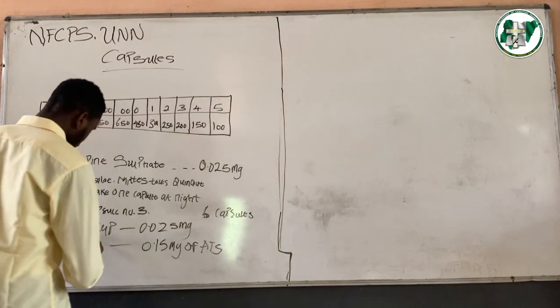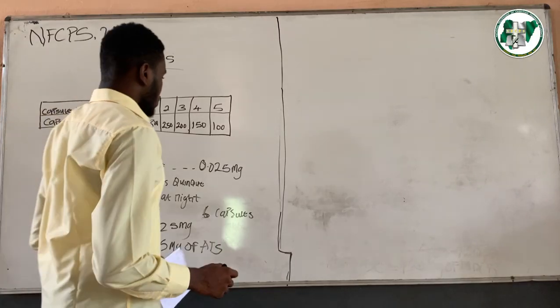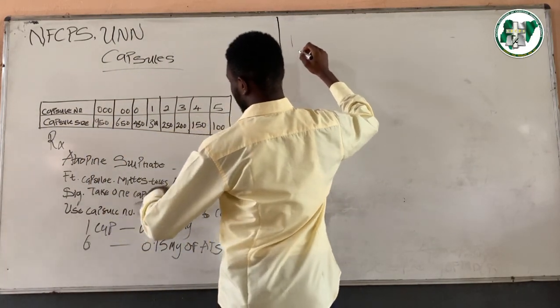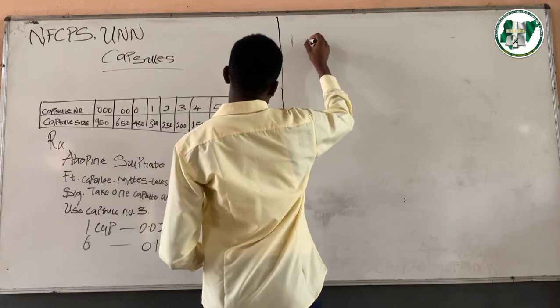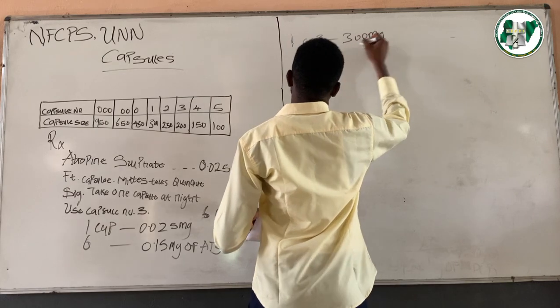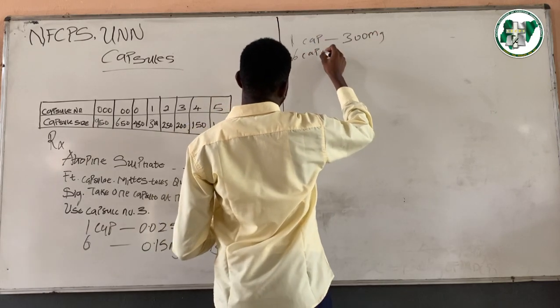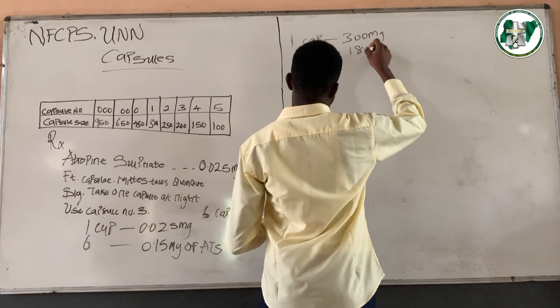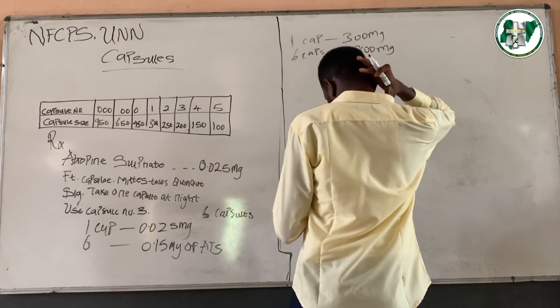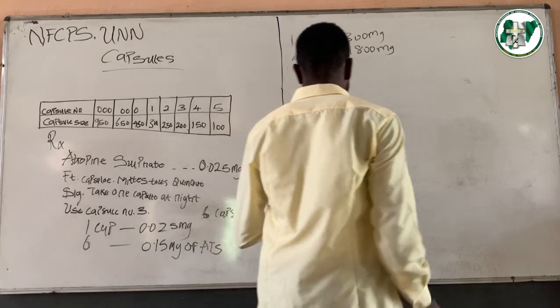So we go to the weight of the capsule. Since we are using capsule number 3, which is 200 milligram, if one capsule is 300 milligram, then 6 capsules should be 1,800 milligram.